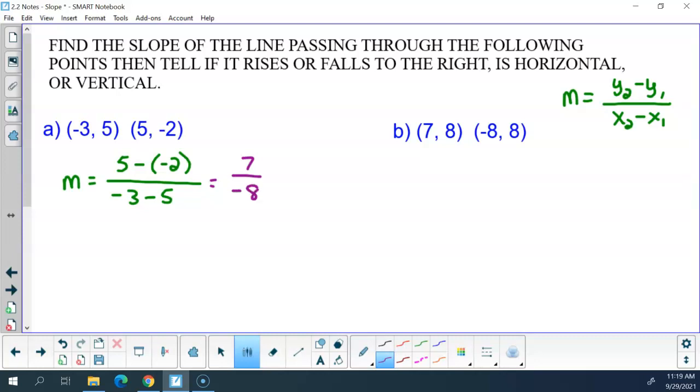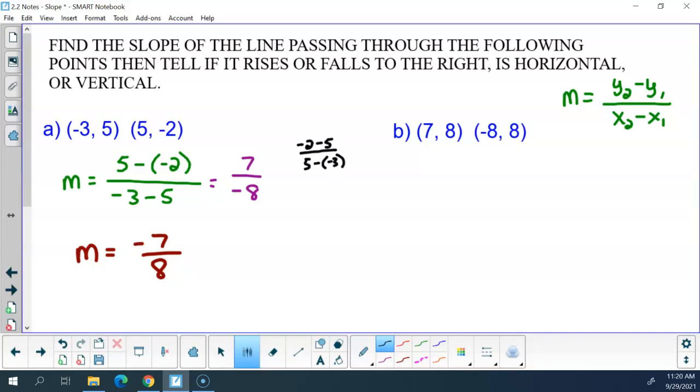So I get here that the slope of, wait, what's up? So negative 3 is the second x? Sure. But like I just said, I could have done this. I could have done negative 2 minus 5 all over 5 minus negative 3. Okay. Just flip flop my order.